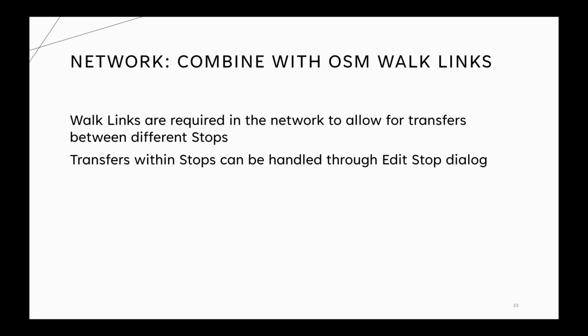We need walk links in order to more realistically model the transfers between different stops, where the passenger needs to come out of one stop to the network and walk, and then enters the other stop and takes the other line. Transfers within the stops can be handled through edit stop dialog.